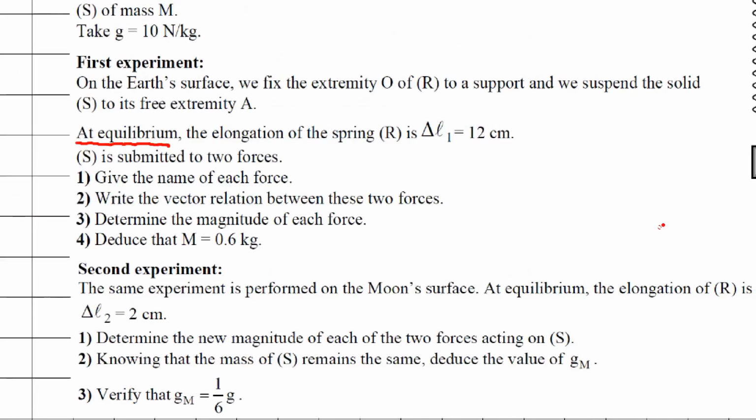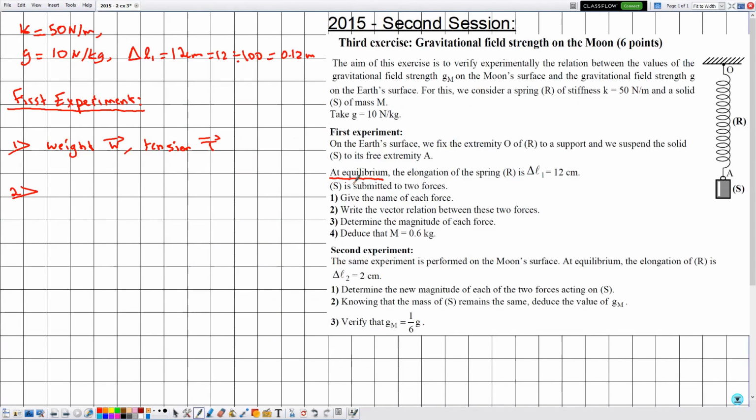Now in number 2, we need to write the vector relation between these two forces, knowing that the solid S is at equilibrium. So how do you apply this condition? Always on the left, we write the sum of the different forces acting on the solid S, and they are given by the weight and the tension.